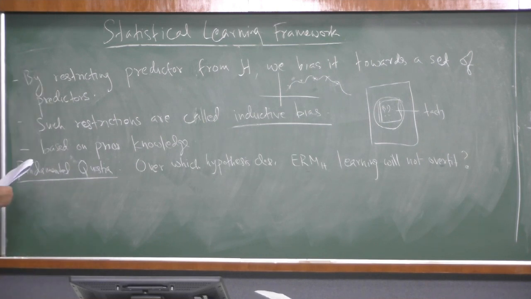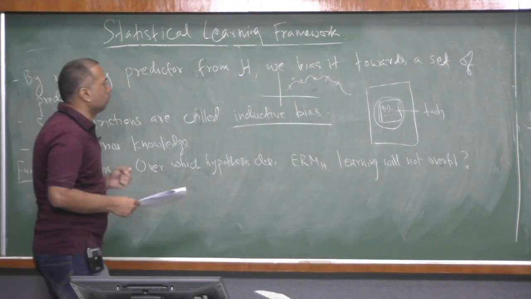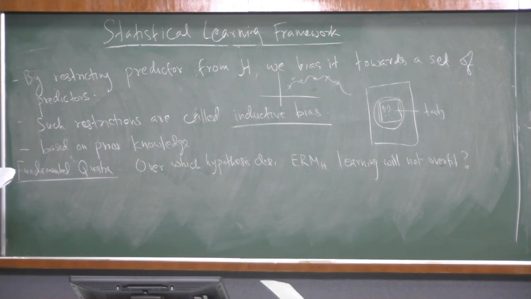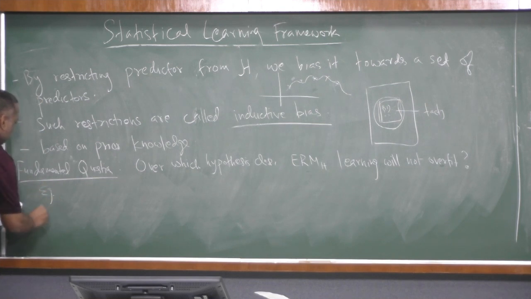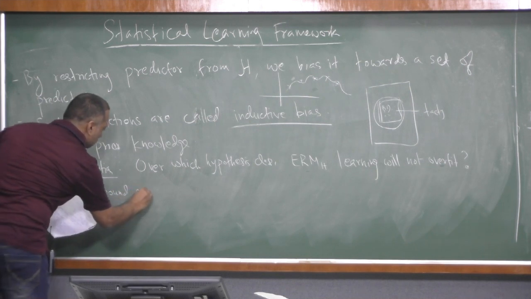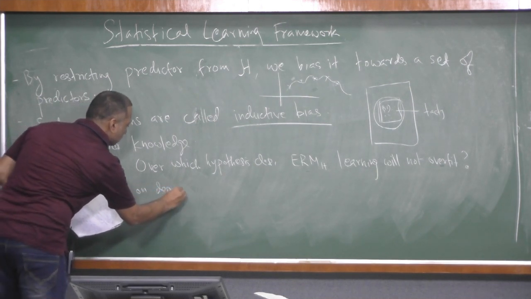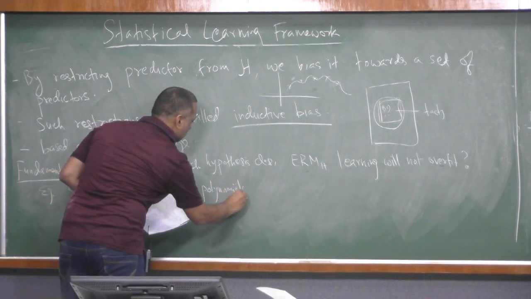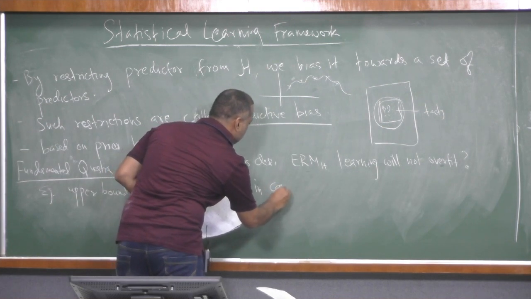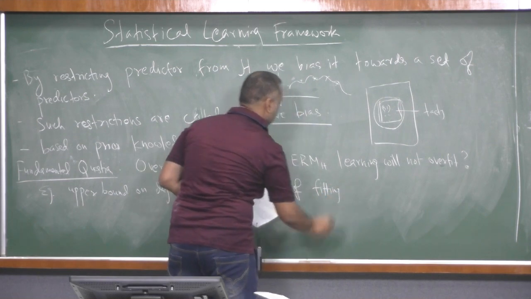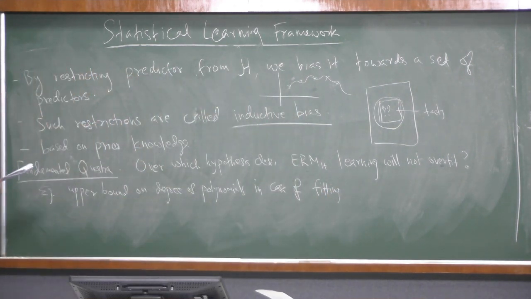For instance, some of the simple restrictions could be an upper bound on the size, or an upper bound on the polynomial degree. Example: an upper bound on the degree of polynomials in the case of the fitting problem, the fitting example that we saw before.